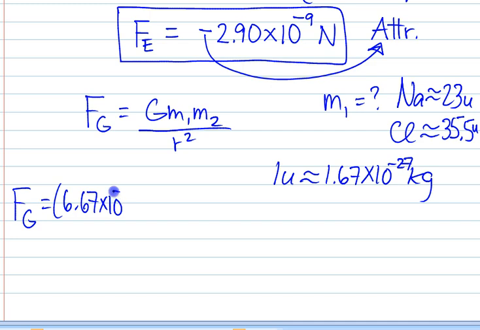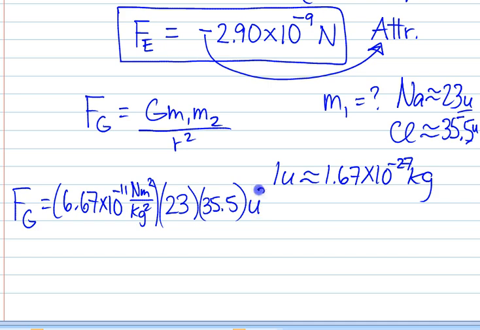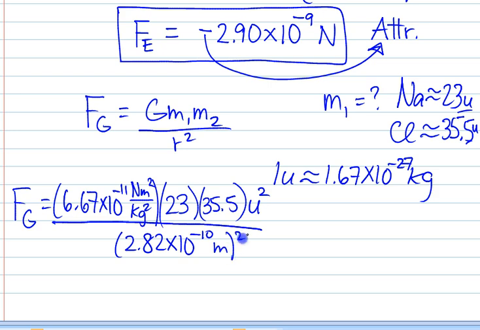Okay? So to find the force of gravity, I'm going to do it this way, just for fun. 6.67 times 10 to the -11th newton meters squared per kilogram squared. Okay, m1 is going to be 23 and m2 is going to be 35.5, but I'm going to take those u's and pull them out, and have u squared over r squared, 2.82 times 10 to the minus 10th meters, quantity squared.